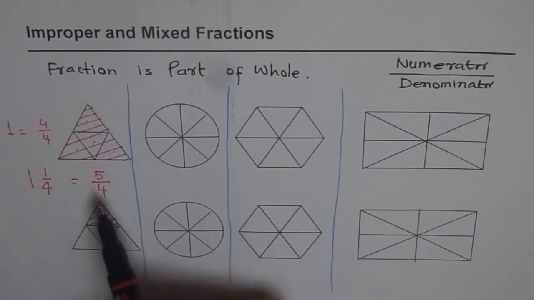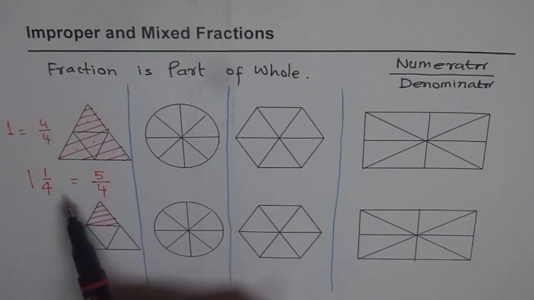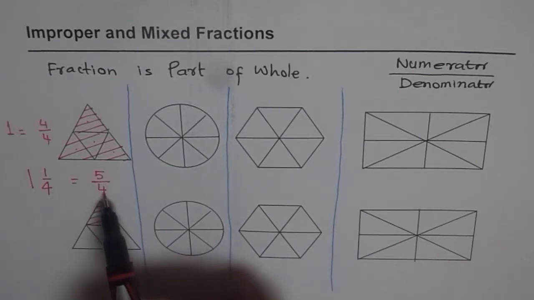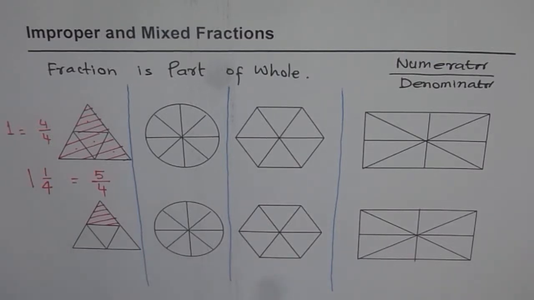But we talk in terms of only one whole, and therefore we get into mixed fractions and improper fractions, right? So improper because the numerator is greater than the denominator. Mixed because it has both parts, a whole number and a fraction. Do you get it now? So that is how we get improper and mixed fractions.